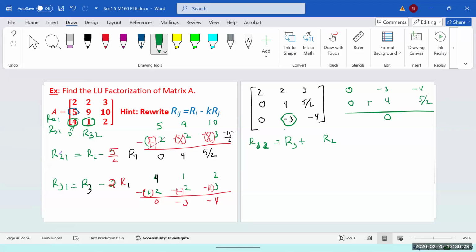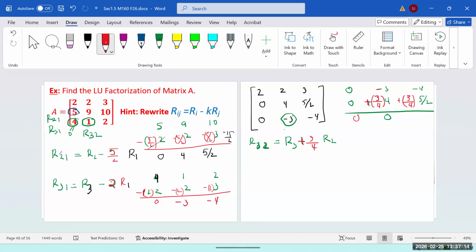So -3 plus what times 4? We could put 4 in the denominator, and then to get -3 plus what will give you 0? We have -3, so if you have another 3, positive. So you can simply write +3/4. Positive, yeah. So +3/4.